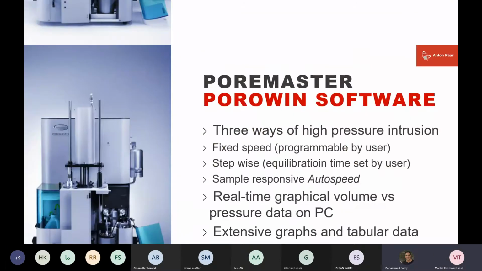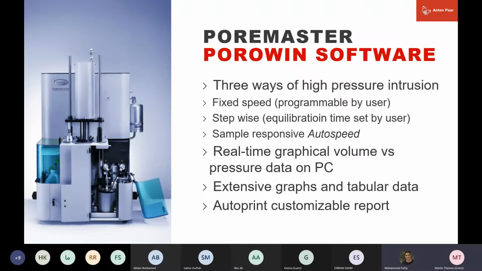I'll show you the software later, but in terms of the convenience in the software and in terms of what it means for running the instrument, not looking at the data, which we'll look at later, there are basically three ways to do high pressure intrusion on this instrument. There's what's called fixed speed. It's programmable by the user.